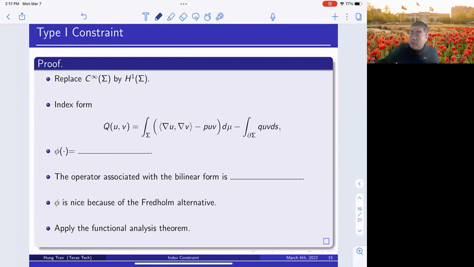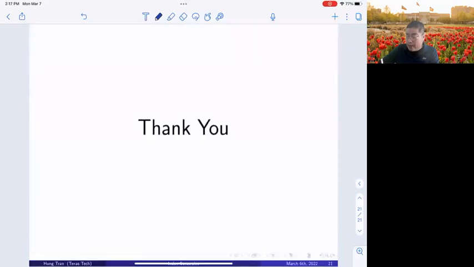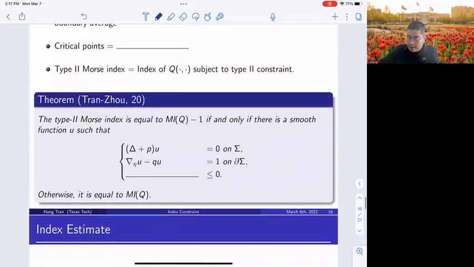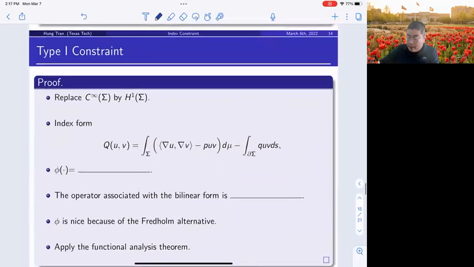So the operator associated with this index form is given by the following combination.